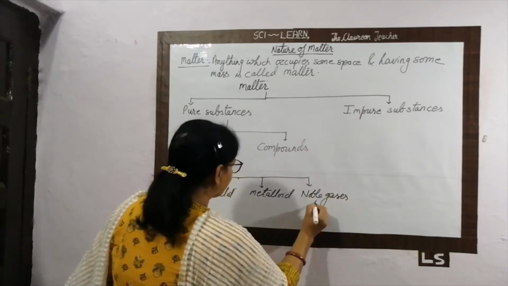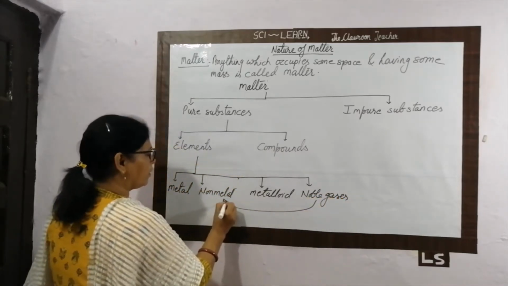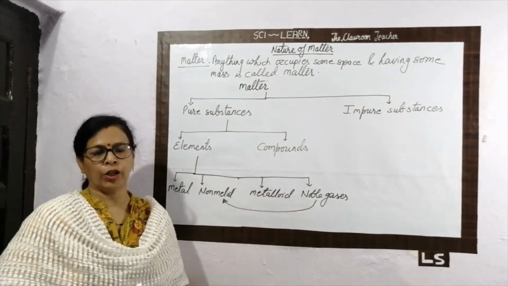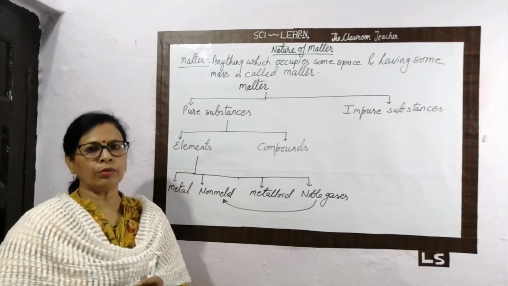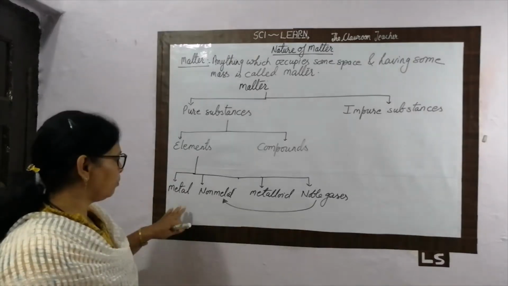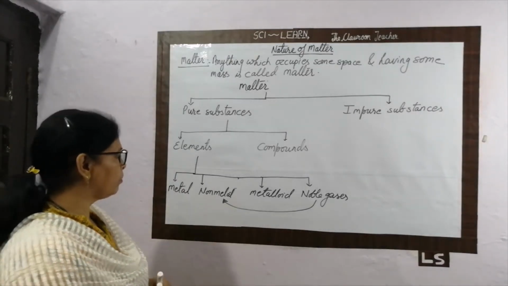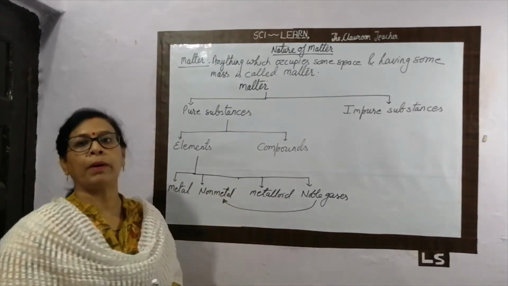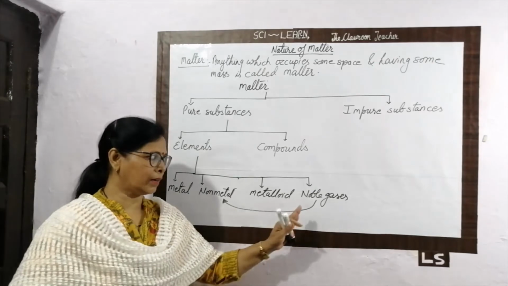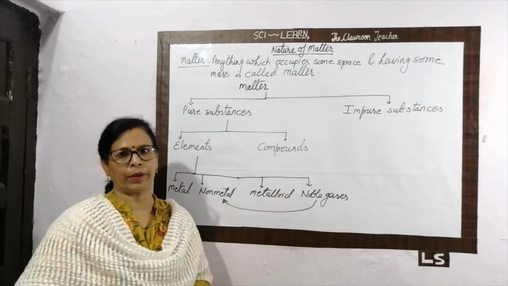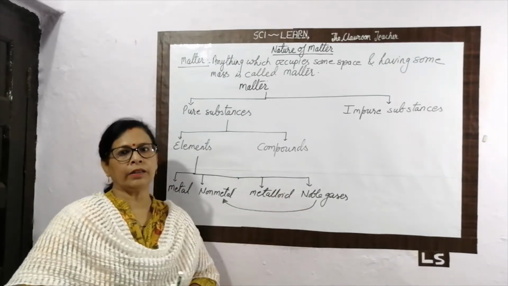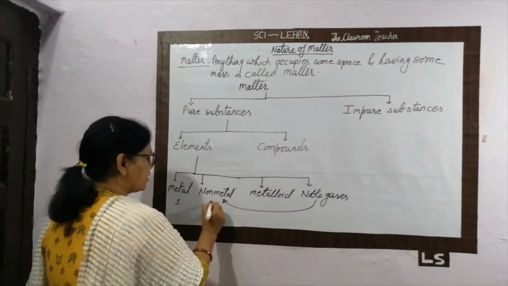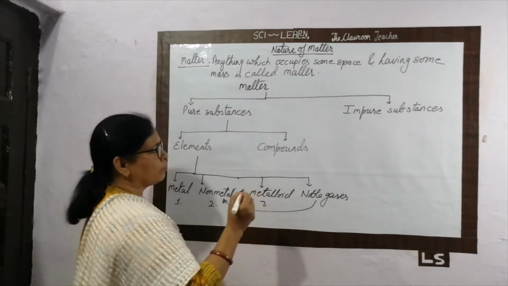Anyhow, noble gases are part of non-metals, but we must concentrate on them a little separately. So elements are classified into three broad classifications: metal, non-metal, and metalloid, and noble gases, which we will study in a different topic.